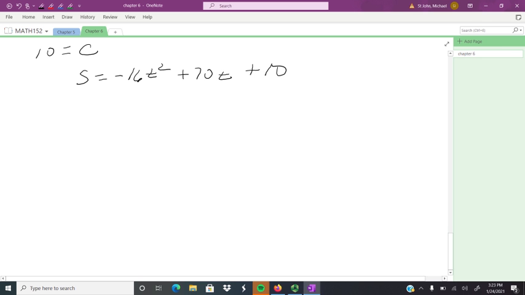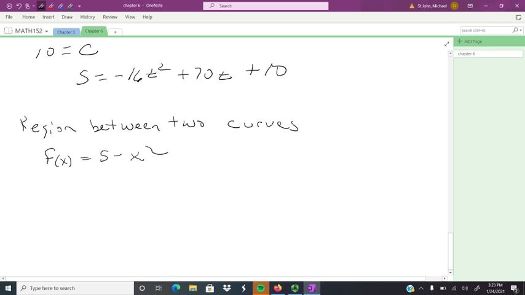So then some of the other things this chapter deals with is finding the area, the region between two curves. So area between two curves. So for example, you have one like this, that f of x is equal to 5 minus x squared, and g of x is equal to x squared minus 3.